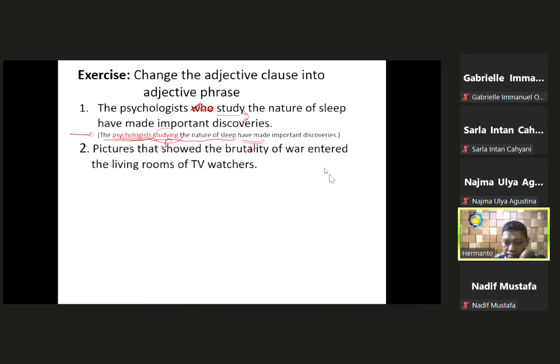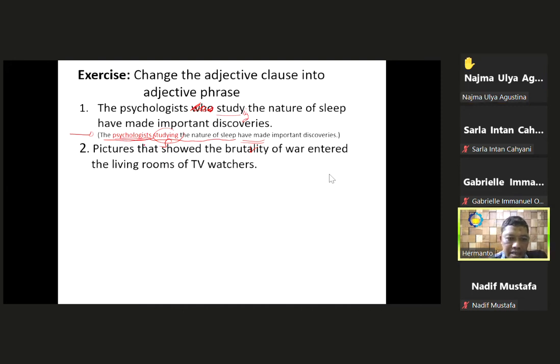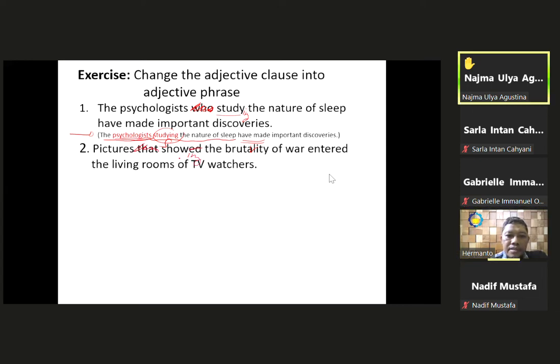Next. Yes, Najma Ulia. The pictures showing the brutality of war entered the living room of TV watchers. You remove that and it becomes showing.